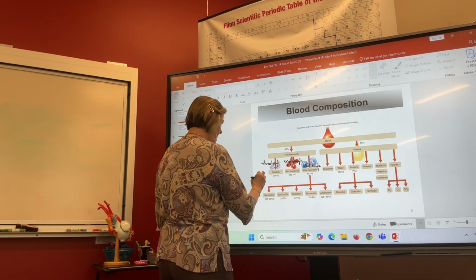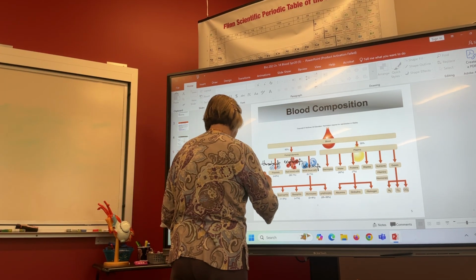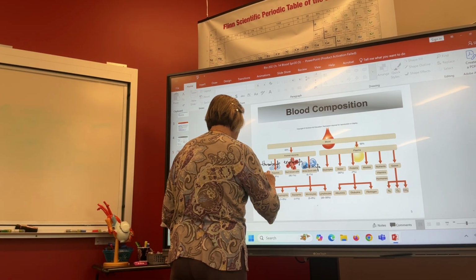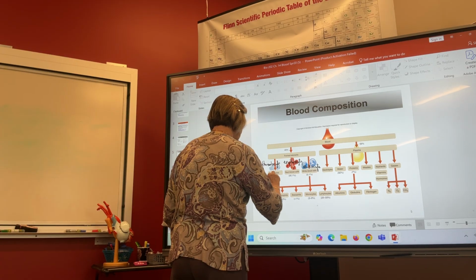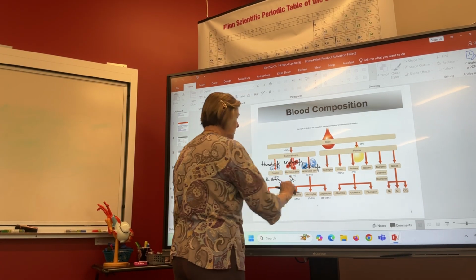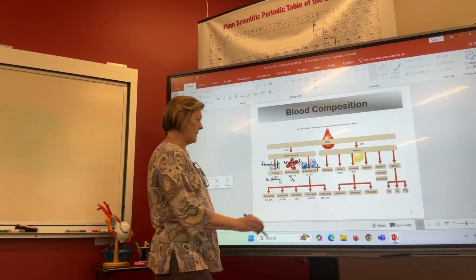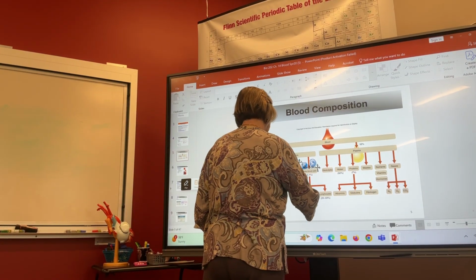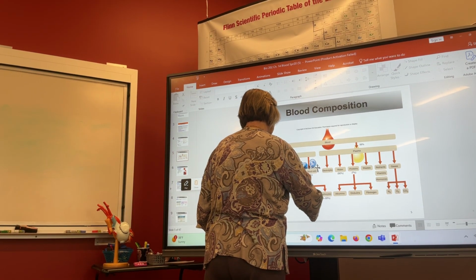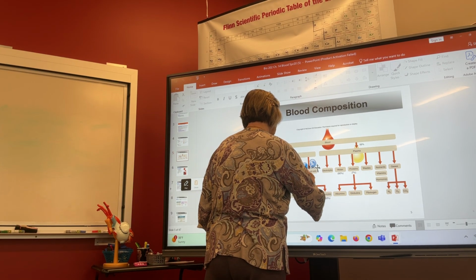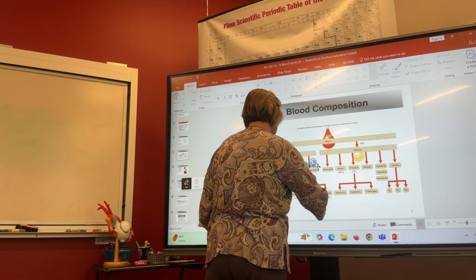Down here, you're going to put blood clotting. You could simply put the symbol O2 for oxygen. And here you're gonna put protects or defends disease.